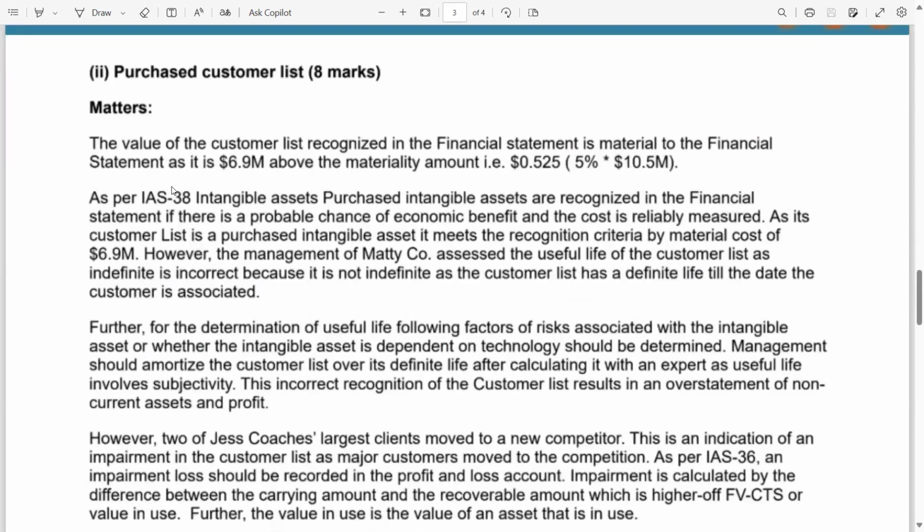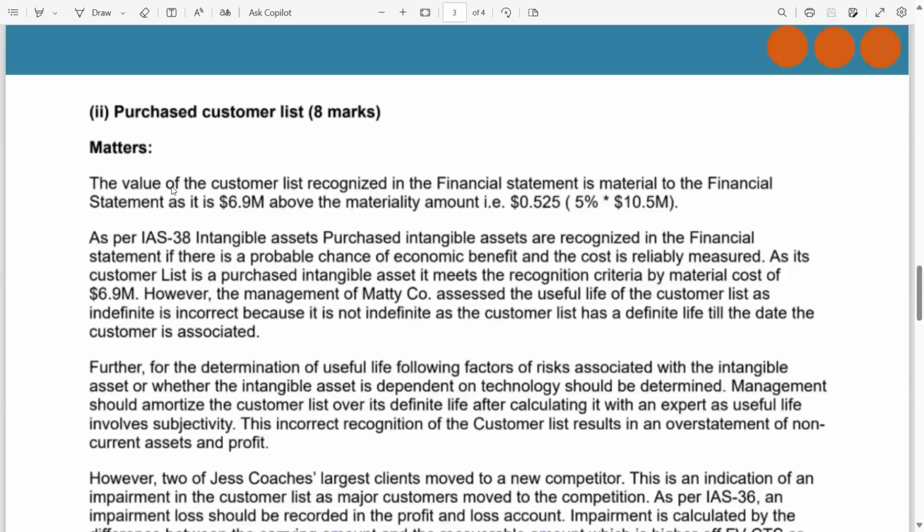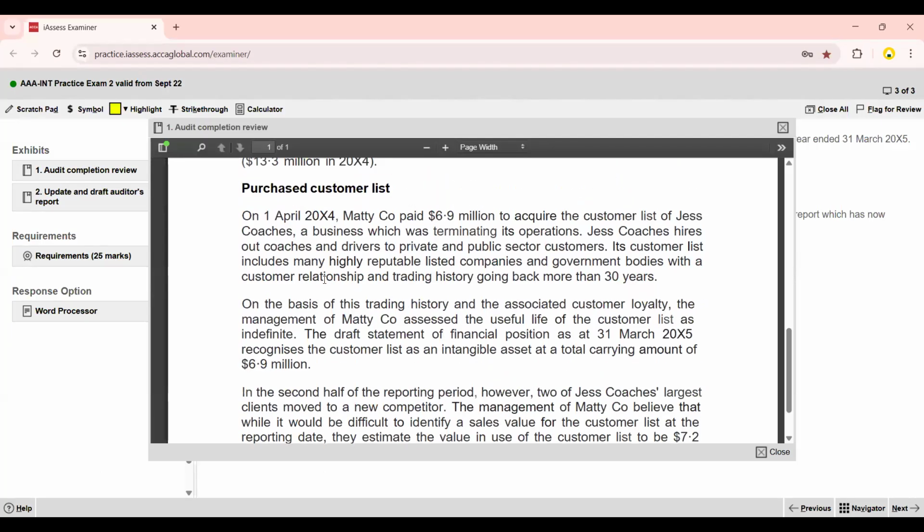Now, read the customer list part. Purchased customer list. This is a purchased customer list. This is not the internally generated list. This list is purchased by the Matty company. On 1st April 2004, Matty company paid $6.9 million to acquire the customer list of J's Coaches, a business which was terminating its operations.